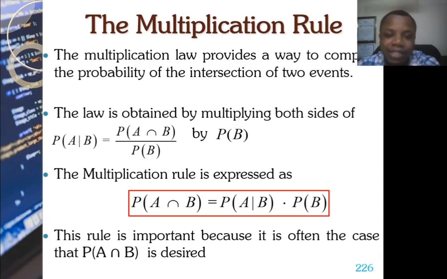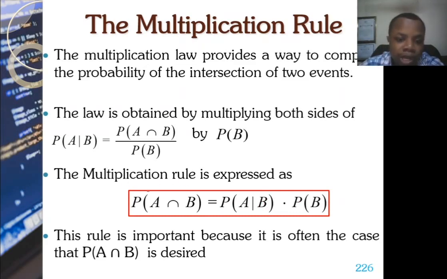And this probability rule or law is determined by multiplying the conditional probability equation by probability of B. So if we should multiply both sides of this equation by probability of B, after rearranging, we are going to get probability of A intersection B is equal to probability of A given B times probability of B.